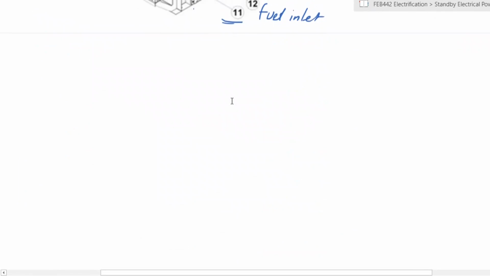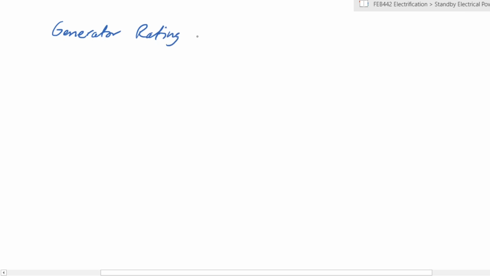So some of the considerations that we would need to look at in terms of generator sets would include the rating capability. So let's look at generator rating capability.